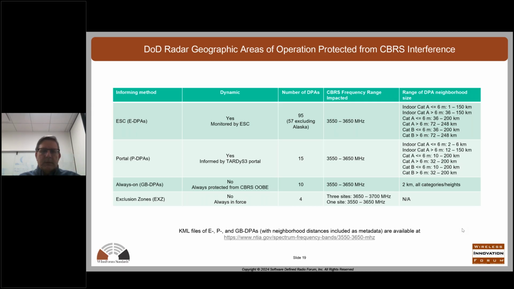You can go to that URL listed on the slide there, and you can download KML files for all of these DPAs, and it includes the metadata like their DPA neighborhood size and all that other kind of stuff. So if you're interested in seeing where these DPAs are, you can go to that URL and download the files. Next slide, please, Lee.